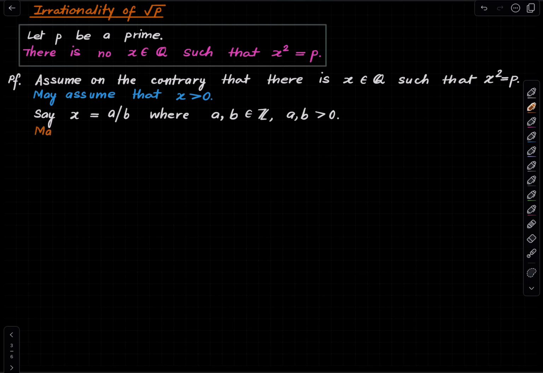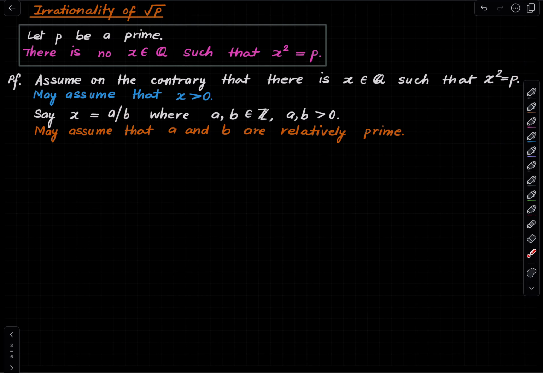We may and will assume that a and b are relatively prime. Any rational number can be expressed as the ratio of two relatively prime integers, because if there were a common factor between a and b, you can just cancel that common factor out. So far nothing has been done really.